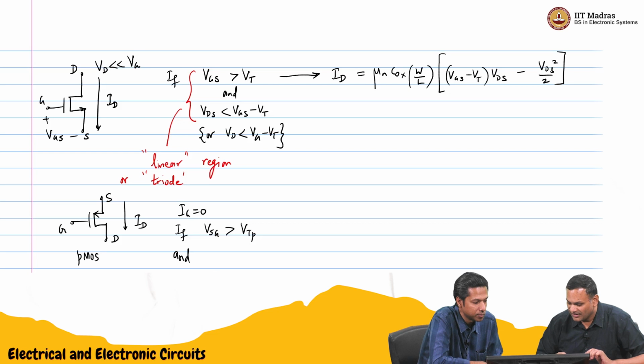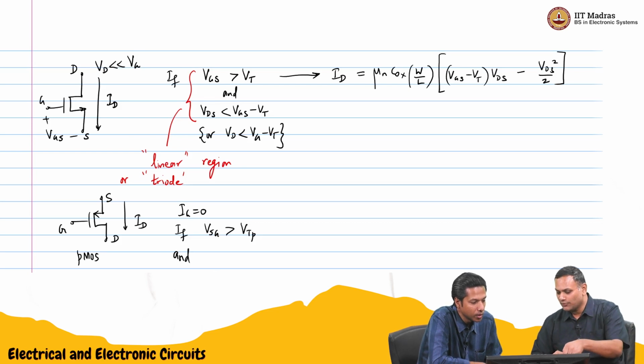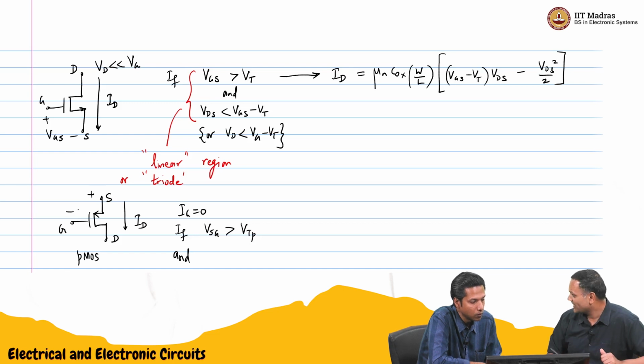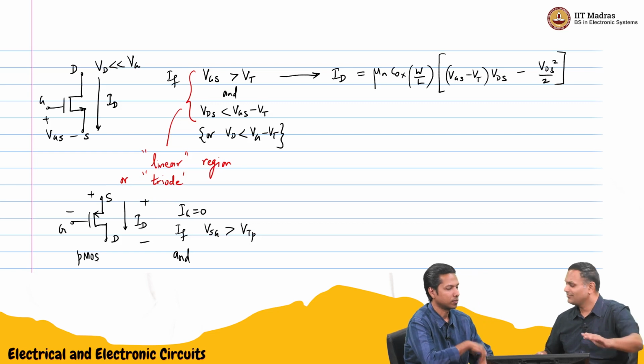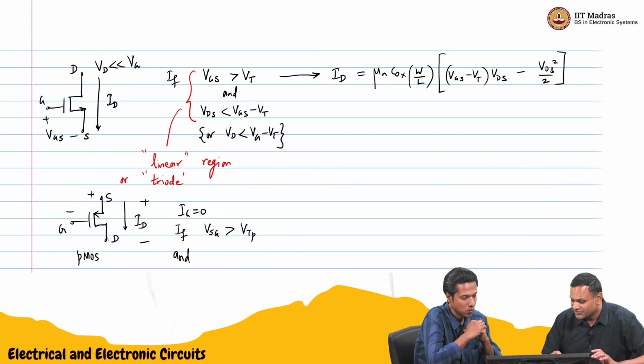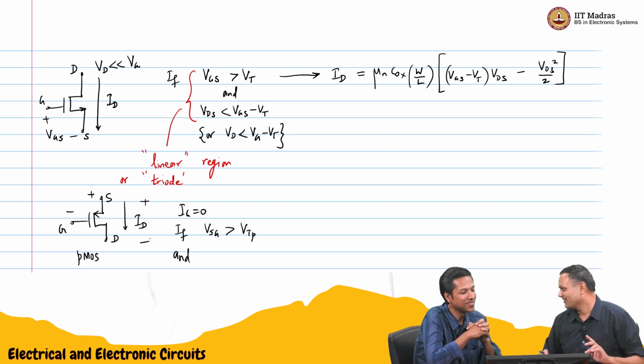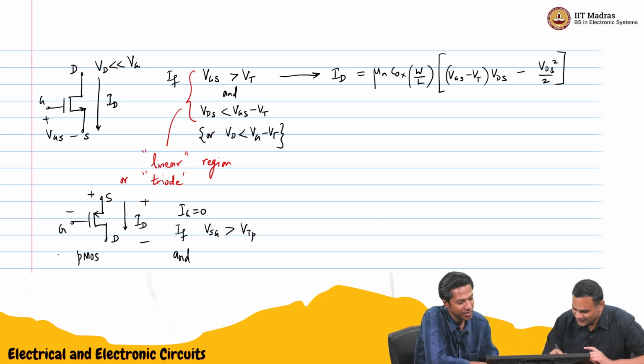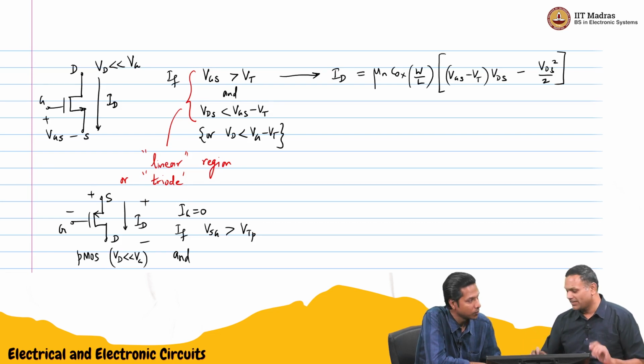Now, current is flowing from source to drain, which means the source to drain potential should also be high. So the condition we want is that VD should be much smaller than VG for operating properly. That is the normal amplifier operating region.